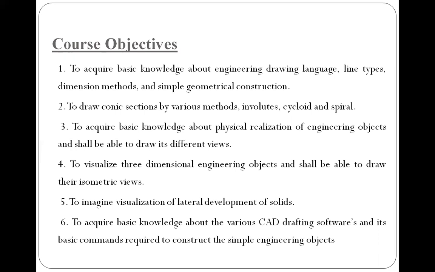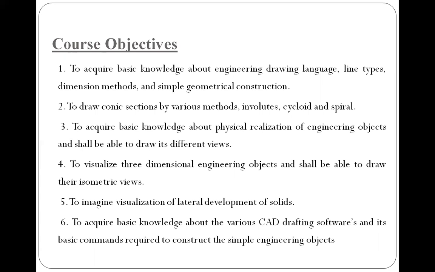The objective is to acquire basic knowledge about the engineering drawing language, line types, dimensioning methods, and simple geometrical construction. One should know the conic sections by various methods, such as involute, cycloid, spiral, then the oblong method, and the focus-directrix method. Drawing the various conic sections is one of the objectives.